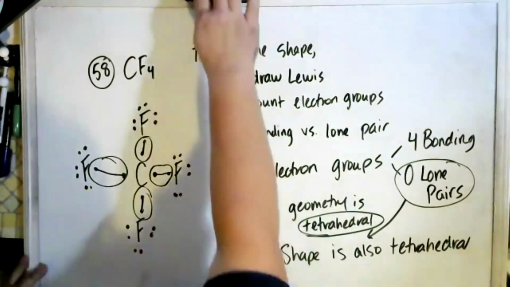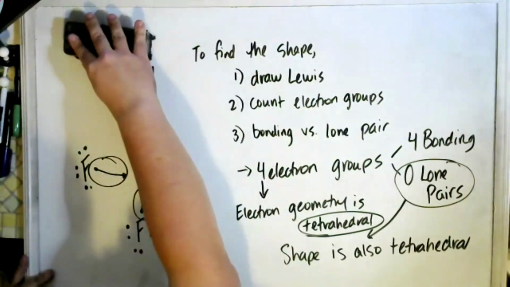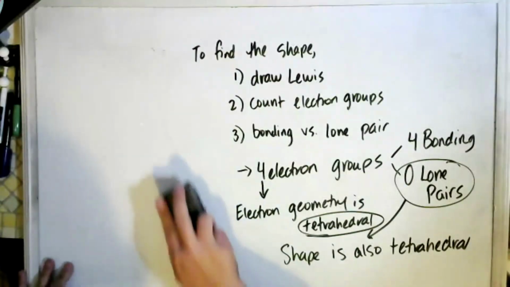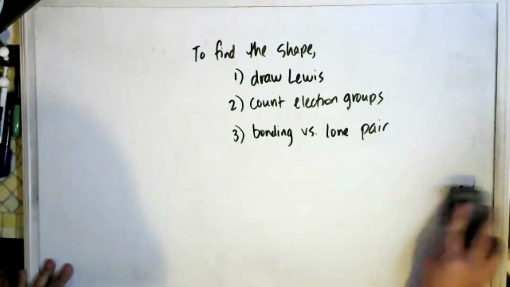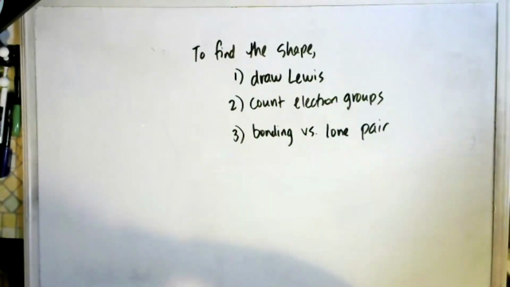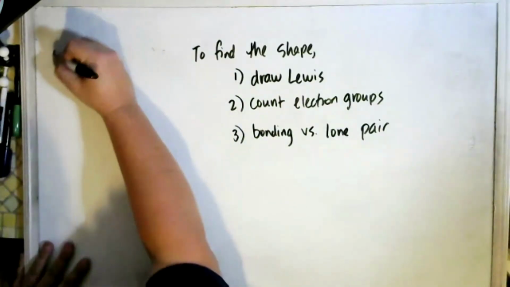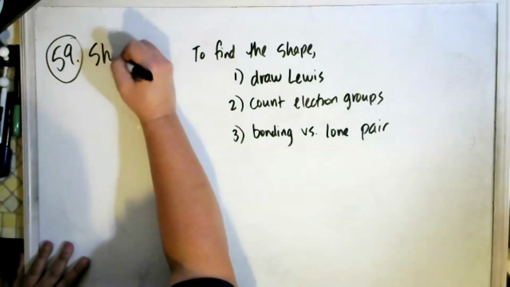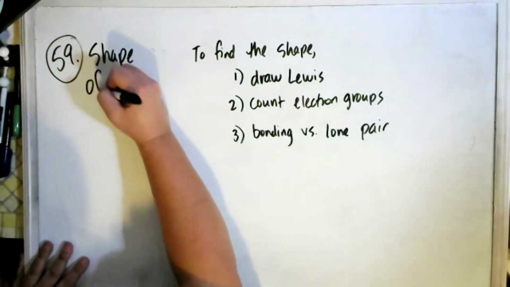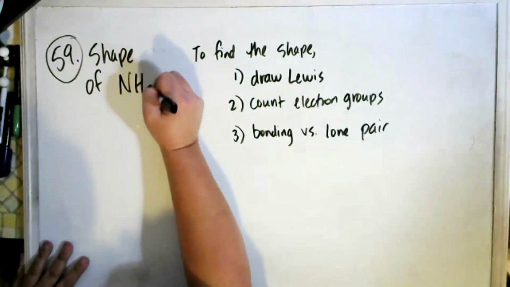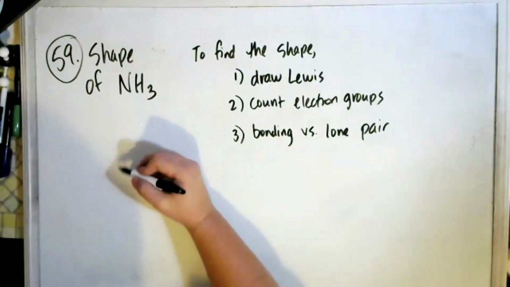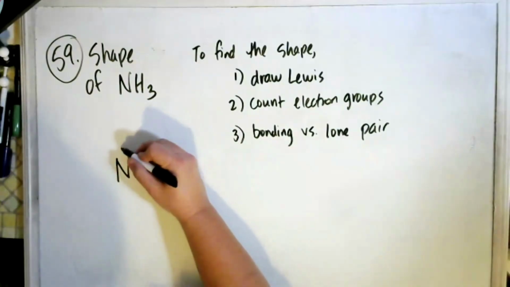All right, the next molecule they want us to find the shape of is NH3. So we'll see a slightly different end result here. All right, so we're going to start in with drawing our Lewis structure.